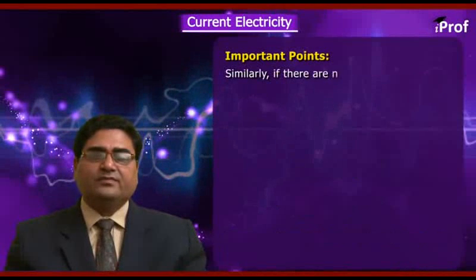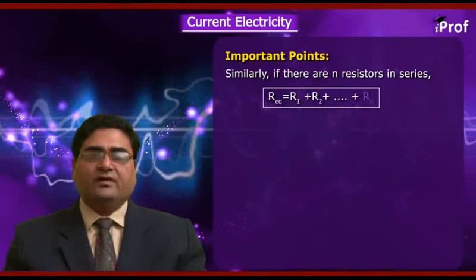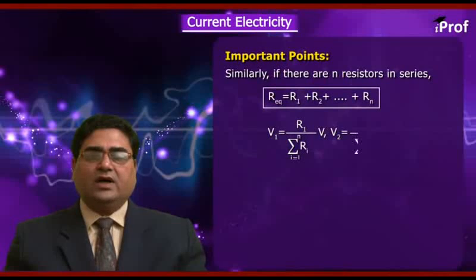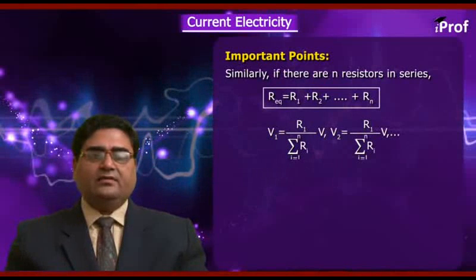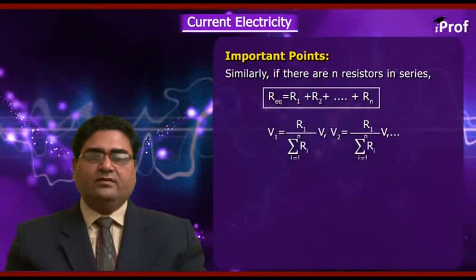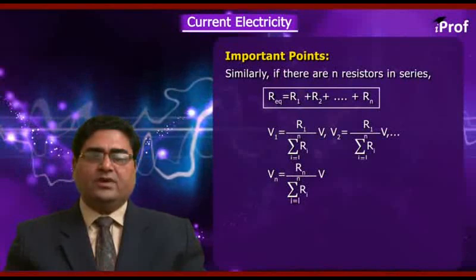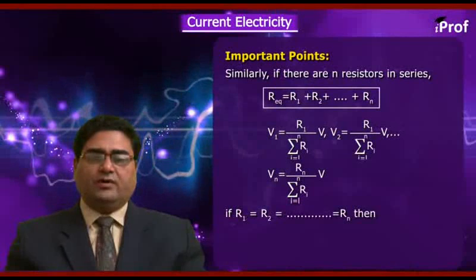Similarly, if there are n resistors in series, R equivalent equal to R1 plus R2 plus dot dot plus Rn, V1 equal to R1 upon summation Ri into V, V2 equal to R2 upon summation Ri from i equal to 1 to n, V dot dot Vn equal to Rn upon summation Ri from 1 to n into V.